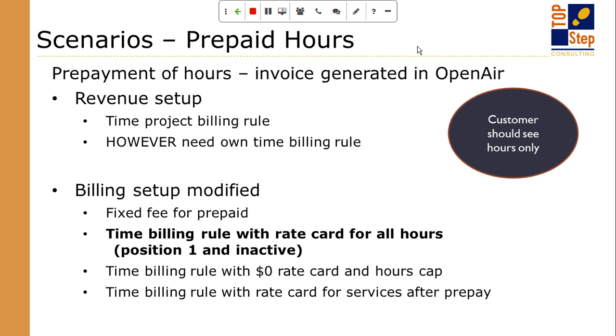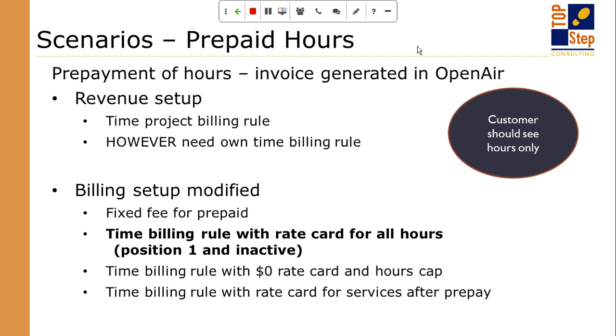So what you end up having to do is insert another time billing rule smack dab in the middle of your rule set, and it's actually the very first rule, and you can make this inactive. So it's not actually generating billing, but it's tied to a revenue rule called time project billing rule. And what happens then is as timesheets are approved, you're taking the revenue directly from that timesheet.